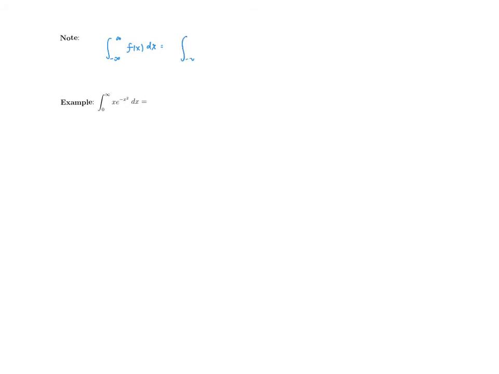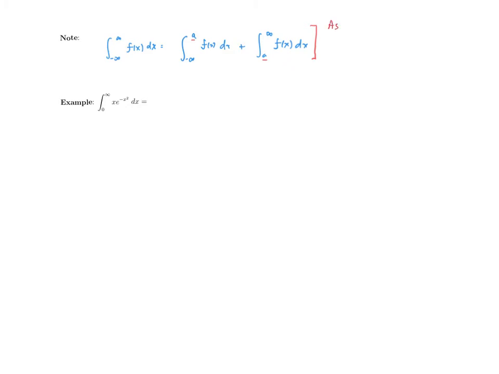That is to say, we can write this as the integral from minus infinity to a of f of x plus the integral from a to infinity of f of x, where a, as long as it's the same value in both integrals, can be any number that you choose. But I'm going to be very careful to note that we can only do this if both of these improper integrals converge.